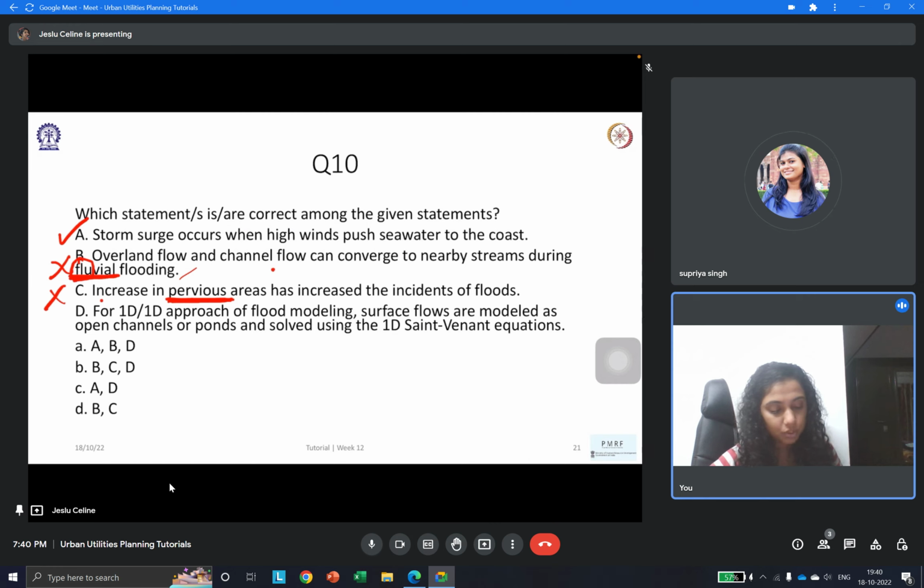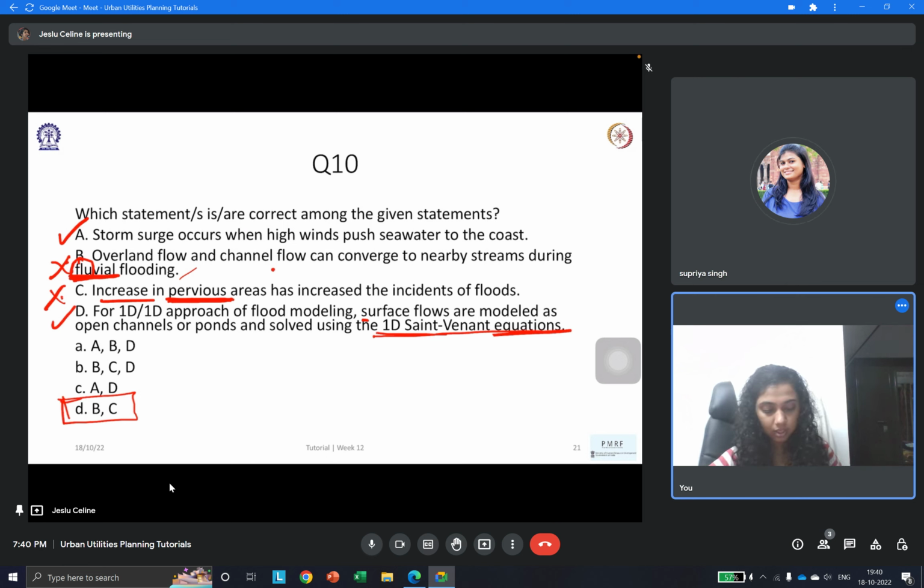For 1D approach, we model surface flow as open channel flows and we solve it using the 1D Saint Venant equations. So this is a correct answer. So here it is B and C, which is option D. So that is the correct answer.